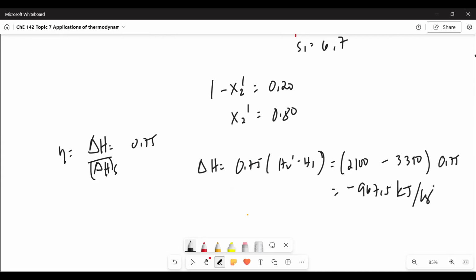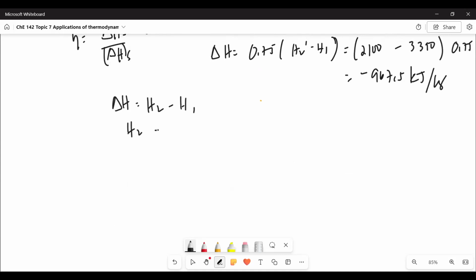So in letter A, that value is 955. So quite near, a bit off, but acceptable. This is a graphical approach. So now that we have delta H, that is H2 actual minus H1, solving for H2, that is delta H plus H1. This is negative 967.5 plus H1, 3390.